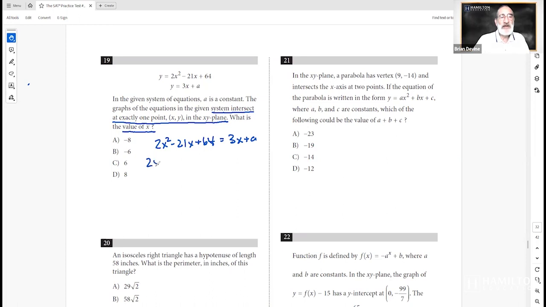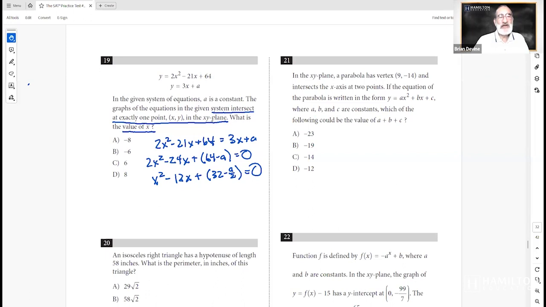So 2x squared minus 24x, if I take 3x away from both sides, plus 64 minus a would equal 0. And if I divide everything by 2 there, I'm going to get x squared minus 12x plus, this will be now 32 minus a over 2, would have to equal 0.